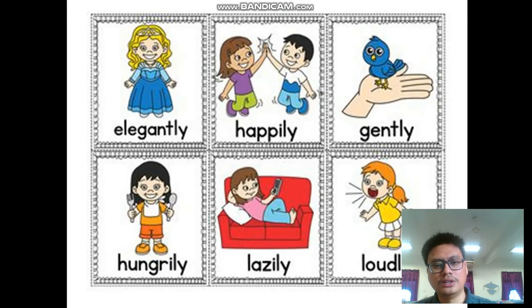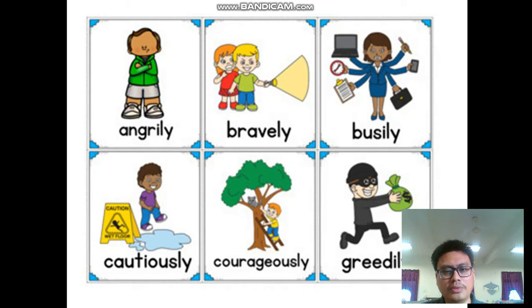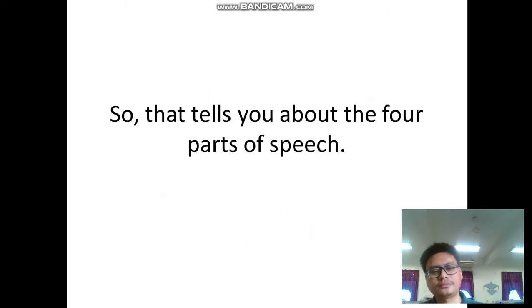So examples here are elegantly, happily, gently, hungrily, lazily, loudly, and then we have angrily, bravely, busily. If you notice, these are all derived from adjectives, and then they add ly to make an adverb. Okay.